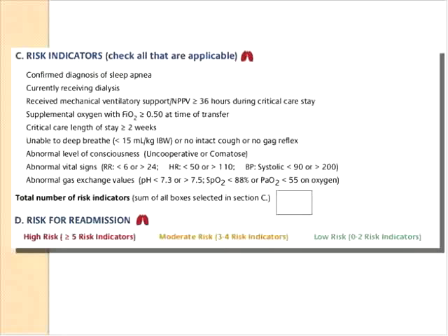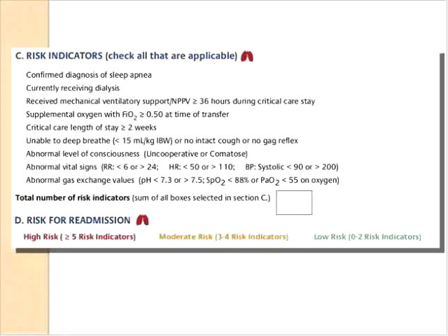Abnormal level of consciousness, and we call that uncooperative or comatose. And then abnormal vital signs, a respiratory rate less than 6 or greater than 24, heart rate less than 50 or greater than 110, or a systolic pressure over 200 or less than 90, or abnormal blood gases, as you can see there.